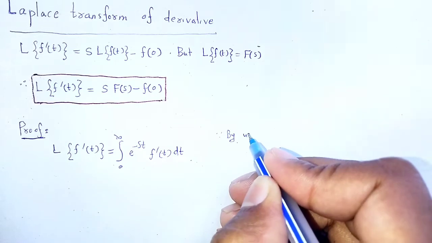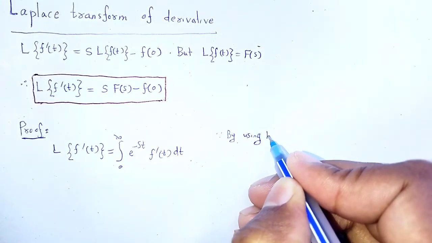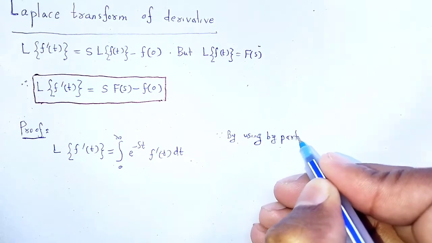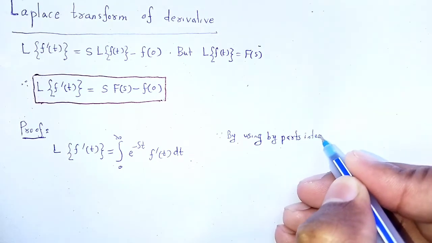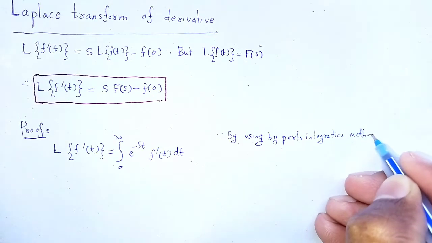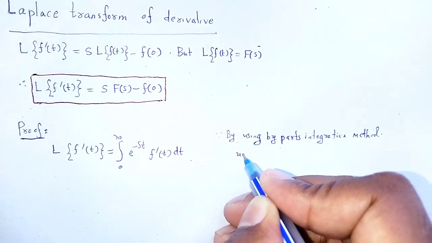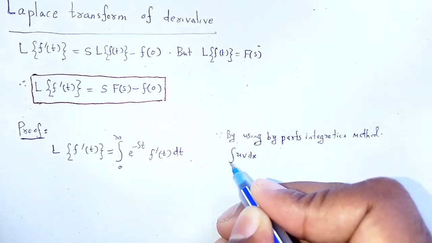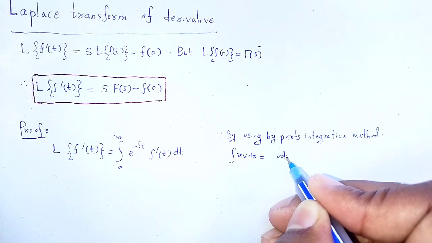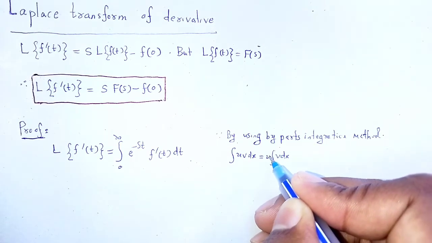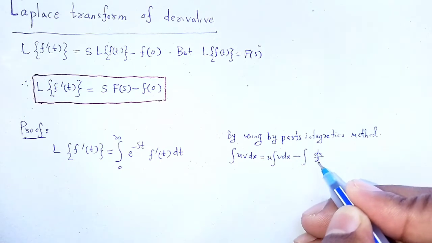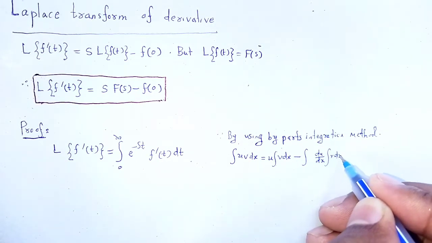By using by parts integration method, as the formula, integration of u v with respect to dx is u times integration of v dx minus integration of the derivative du by dx times integration of v dx.